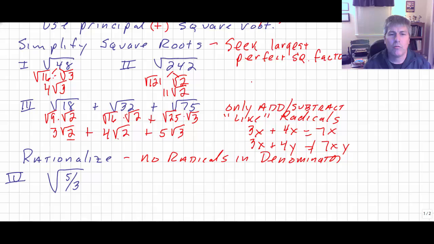Well, the square roots of 2 are like square roots, so they can be added. And we get 7 square root of 2 plus 5 square root of 3. The square root of 3 and the square root of 2 are not like square roots, so we're done. This would not equal 12 square root of 15. That is totally incorrect. We can't add these because they're not like square roots.